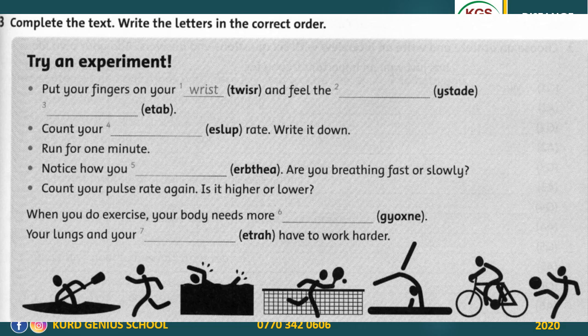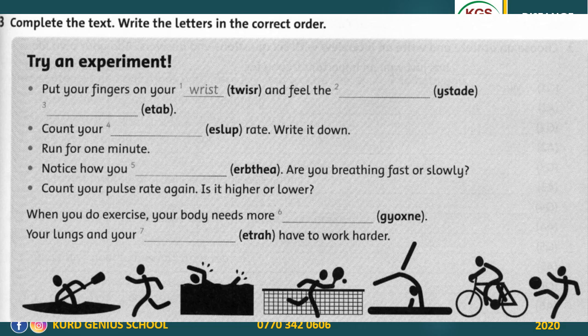All the blanks, the words that you see that are scrambled or mixed together, are actually words from page 78 in the text pulse rate. So this is a fun exercise. I hope that you've done it and done it well, because it's really fun. I would love to see more exercises like that. It's really fun.